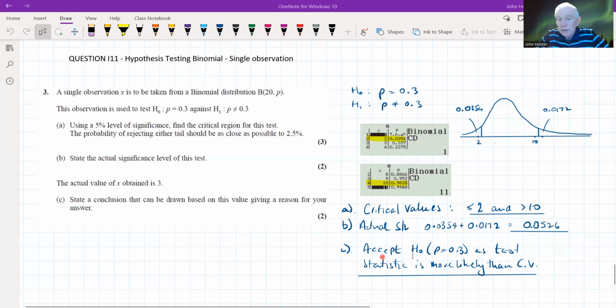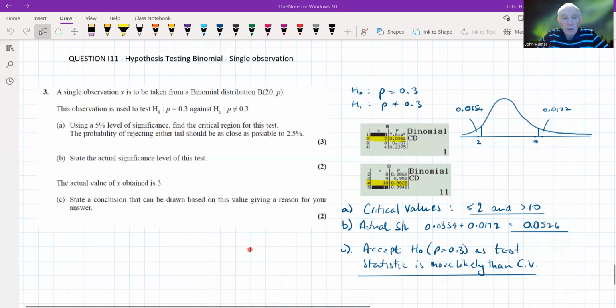So we would accept the null hypothesis that the probability is 0.3, because the test statistic does not fall in the critical region. Okay, so that's pretty well it.